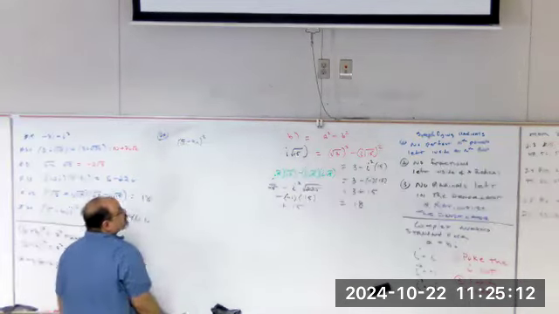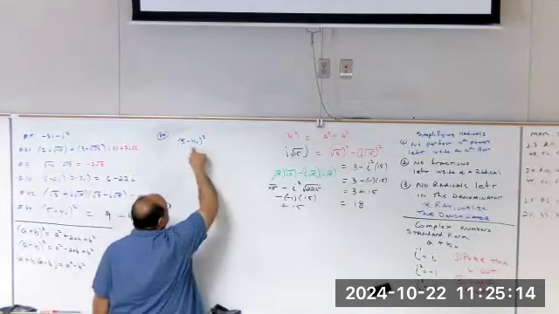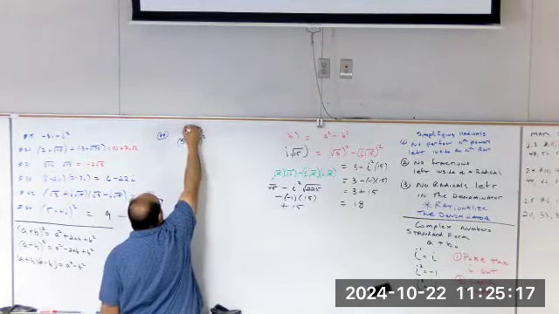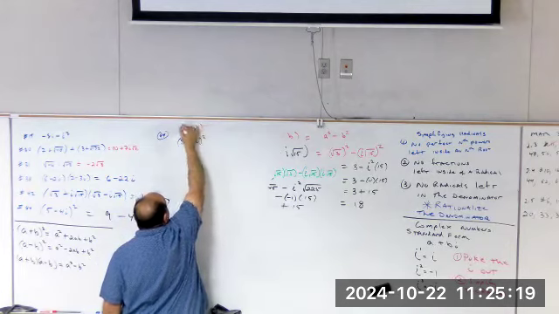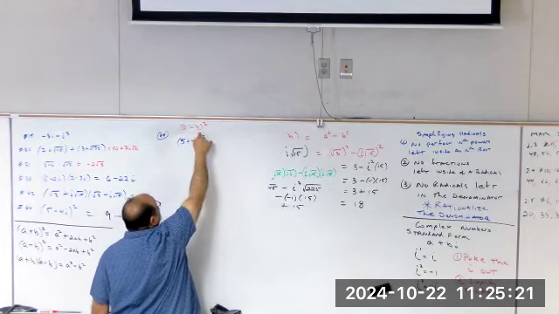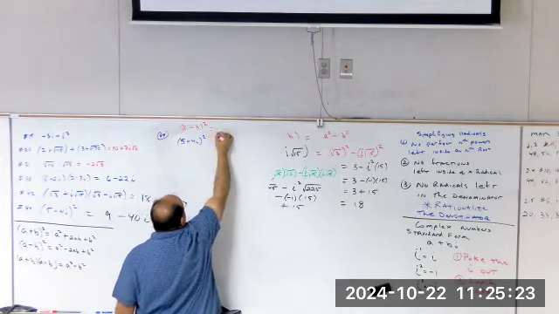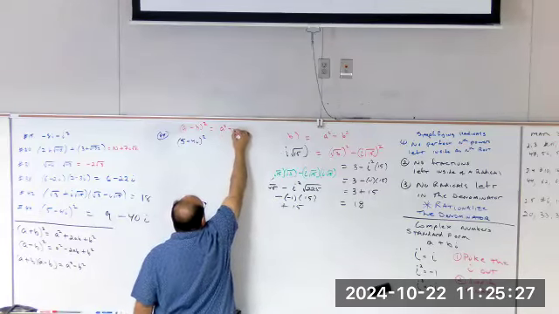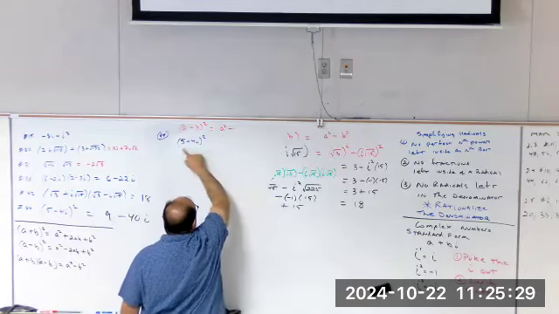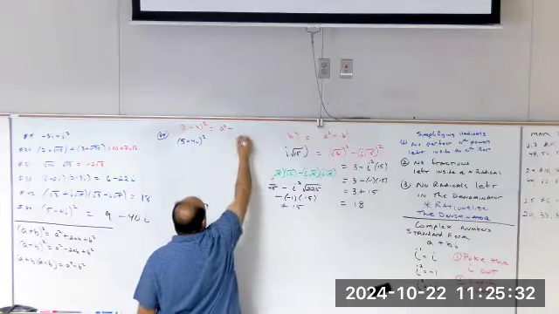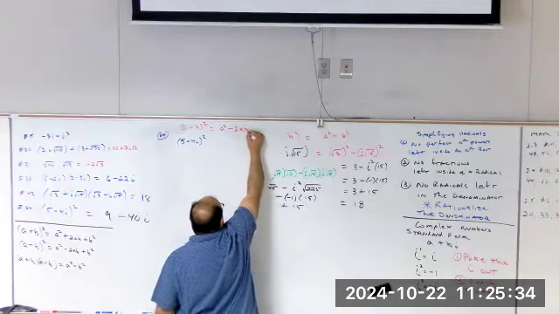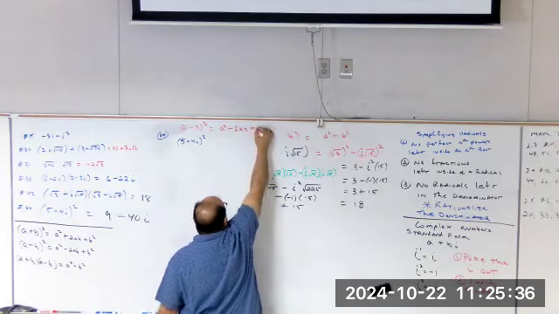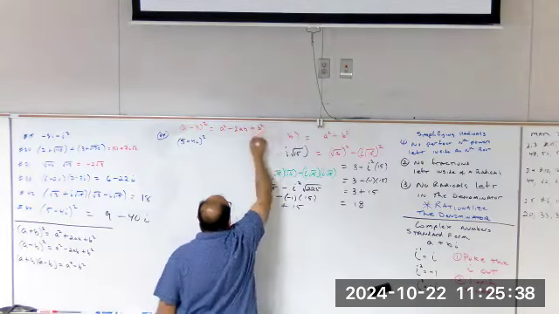Five minus 4i squared, a plus b or a minus b squared. This is a minus b, perfect square of a difference problem. So we square the first term, minus multiply the two terms together and double it in the middle, minus 2ab, and then plus we square the last term.